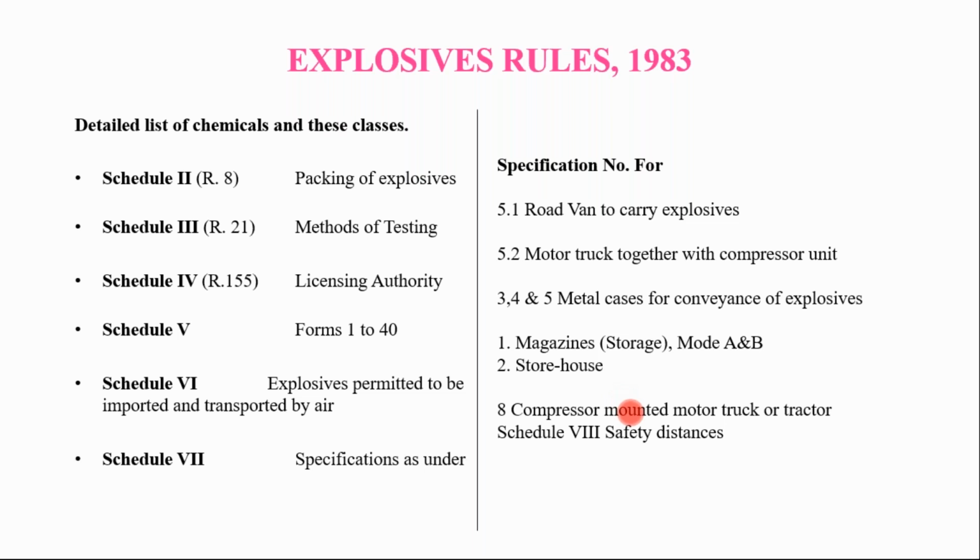All these guidelines are given under schedule 7 with specifications. Schedule 8 is related to the safety distances. So these are the different schedules, and the detailed guidelines are given with reference to that rule and the respective title of that schedule.